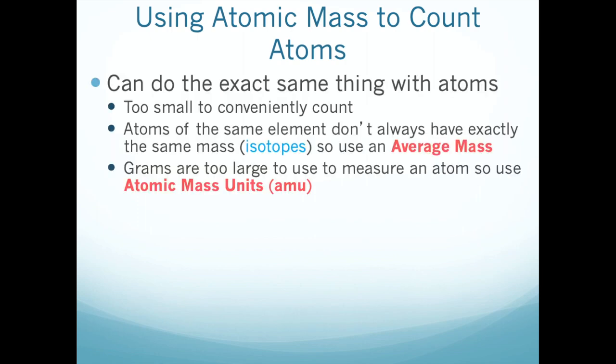So this is where your periodic table comes in handy. You might notice that when we looked at our periodic table, in addition to the atomic number for every element, telling you the number of protons it has, you also see a decimal next to that element's symbol. Now that decimal, of course, tells you the average atomic mass of that element. We talked about this back in chapter 3.